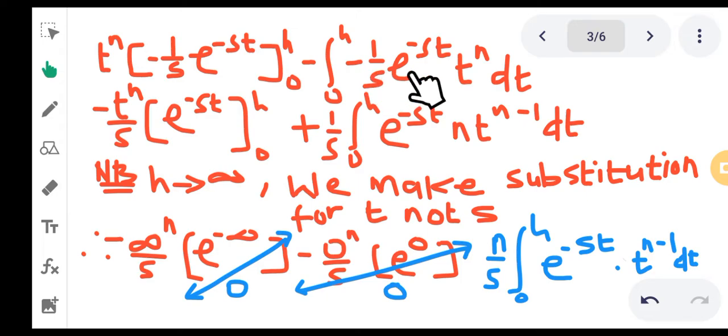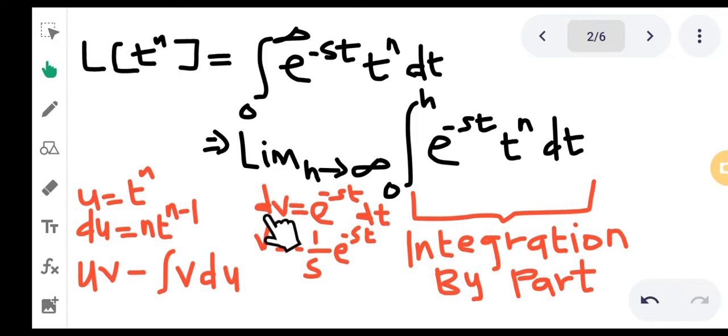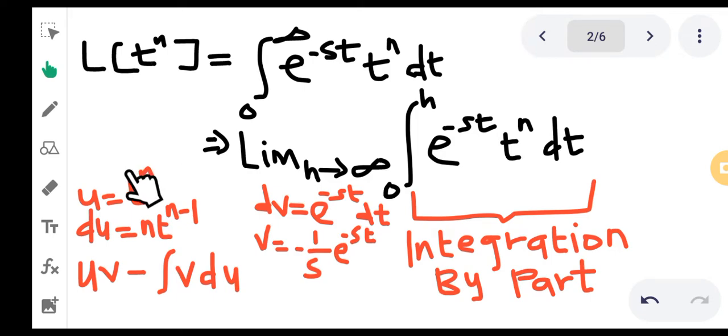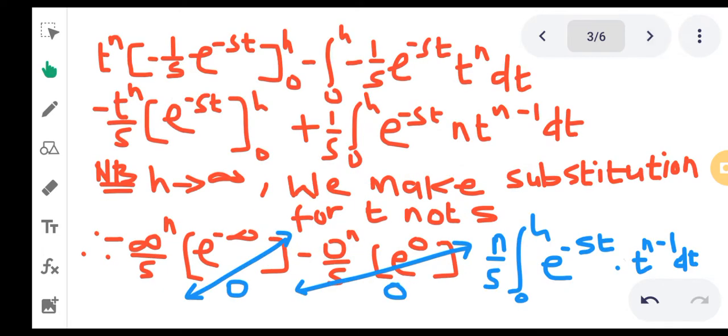I know that the v was minus 1 over s e exponent minus st. Then multiplying by the u, which is t exponent n, sorry, the du is n times t exponent n minus 1 dt.